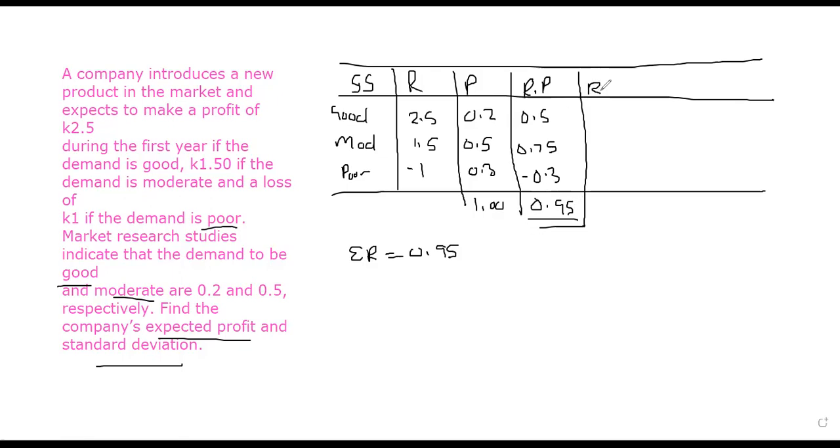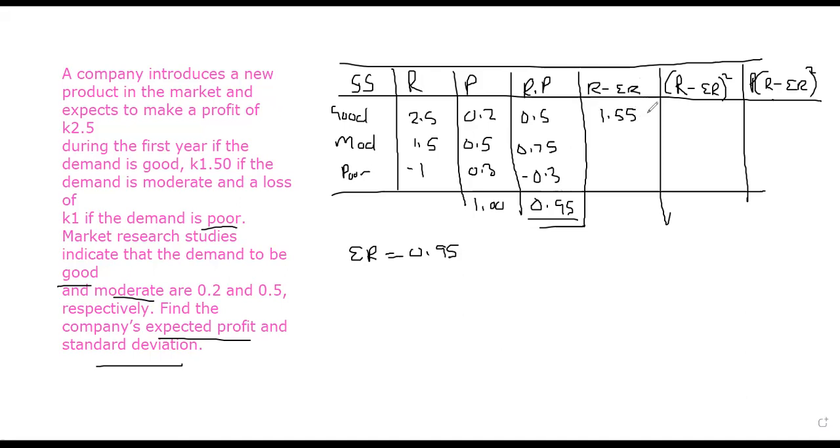So the return minus the expected return. So 2.5 minus 0.95, we get 1.55.